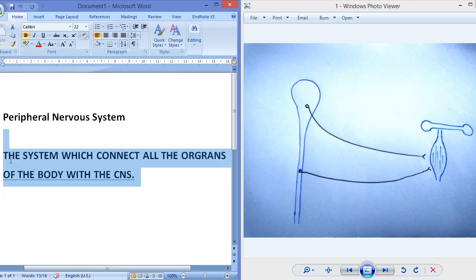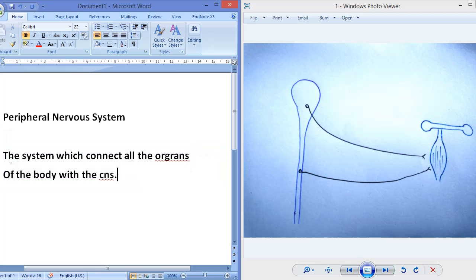You can also say that the system which consists of nerve fibers and exists outside the central nervous system is called the peripheral nervous system.